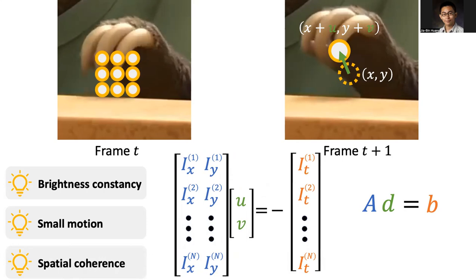This is called an over-determined system. You don't have a unique exact solution because you have more equations than unknowns. Imagine you have two lines, two equations, then you can easily figure out the intersection, right?